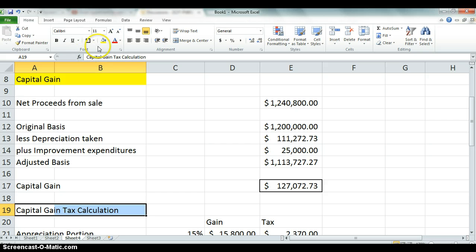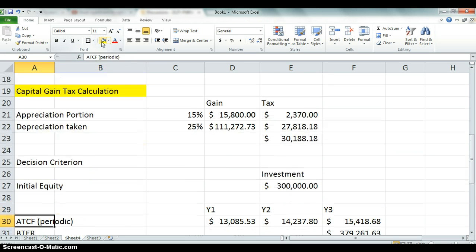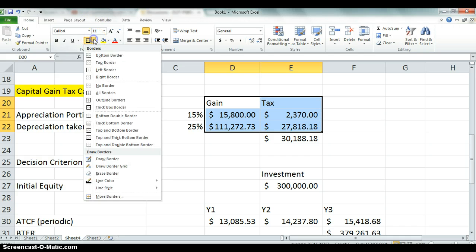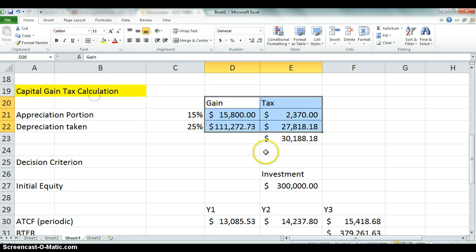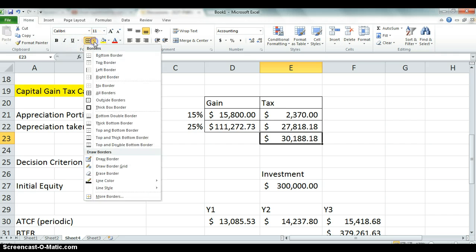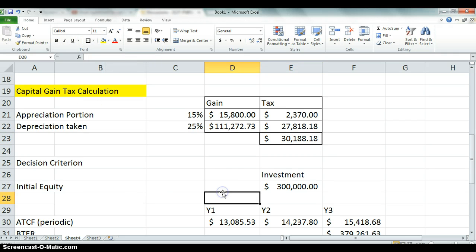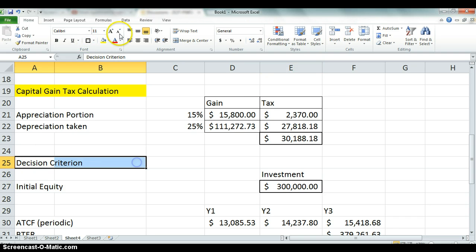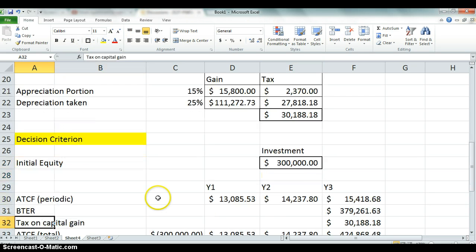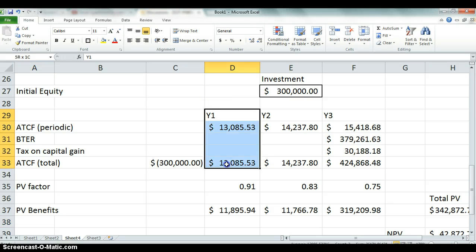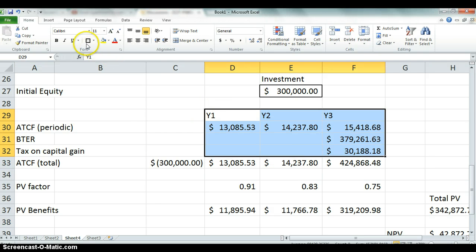Our capital gain tax calculation, very important. For gain and tax, we can make a grid. This is one of the numbers we used. For our investment also, the decision criterion, very important. And then finally, let's format our charts.